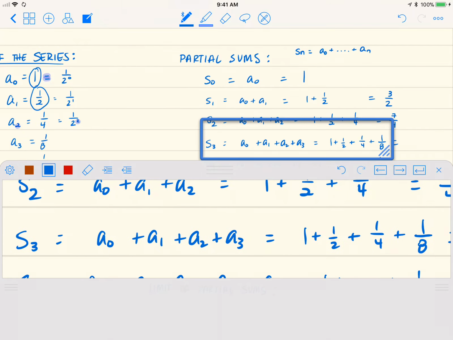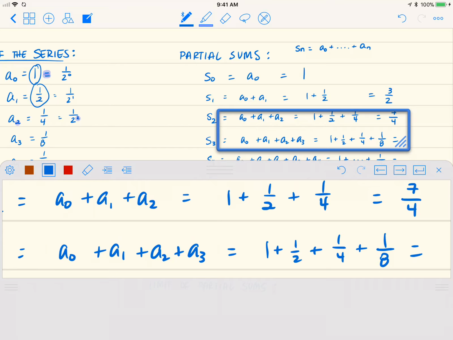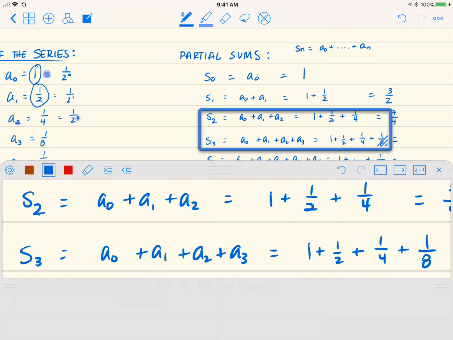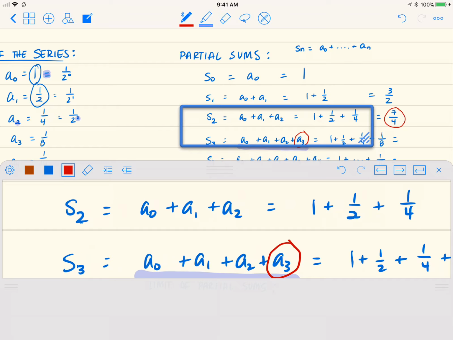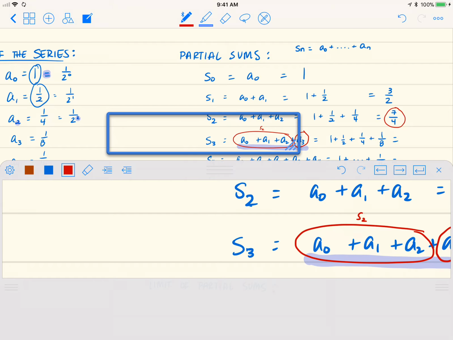Now, what about S3? If you notice, to go from S2 to S3, I don't really need to add up all of these terms again. I could just instead take S2 plus a3, because this part right here is S2. So that's a neat little formula to recognize: Sn is equal to Sn minus 1 plus an.